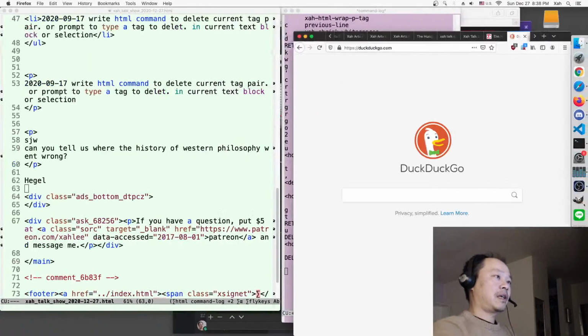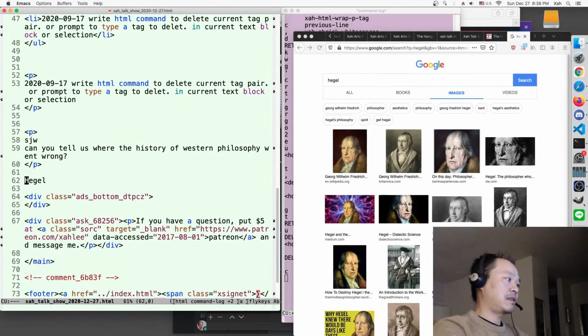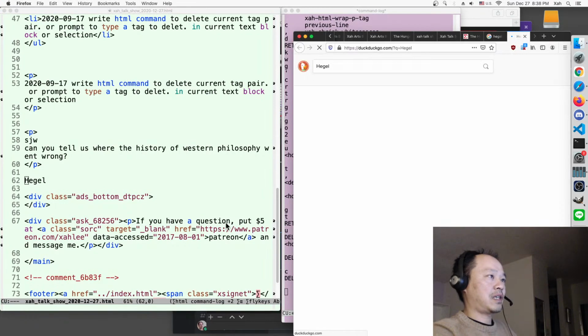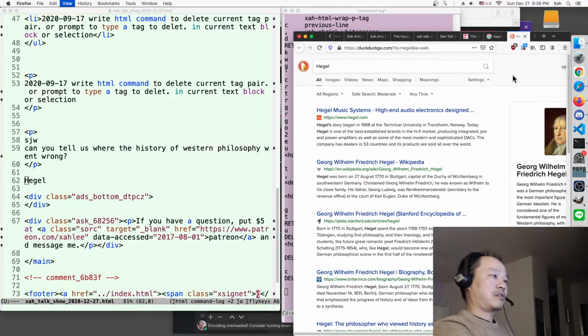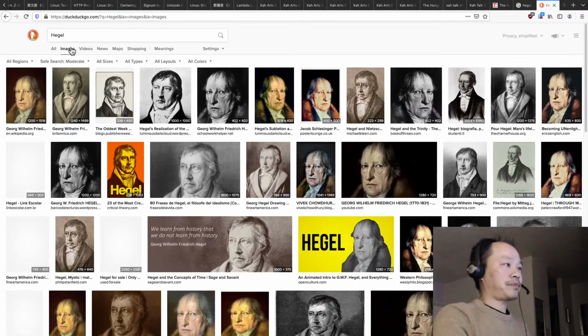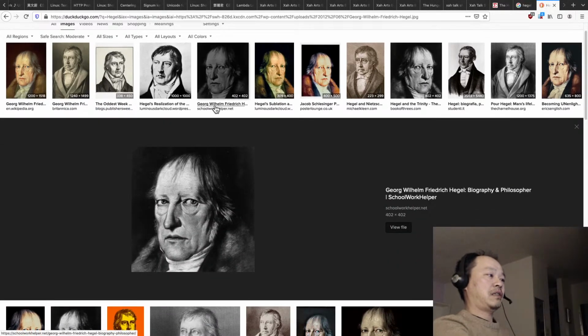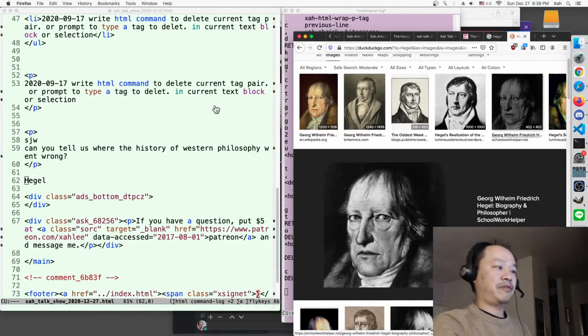Then I shrink the window and close DuckDuckGo. Now if I search DuckDuckGo again, it shows images. You see these buttons show up. Now I click images. So that's Hegel, one of the greatest crackpots in philosophy.